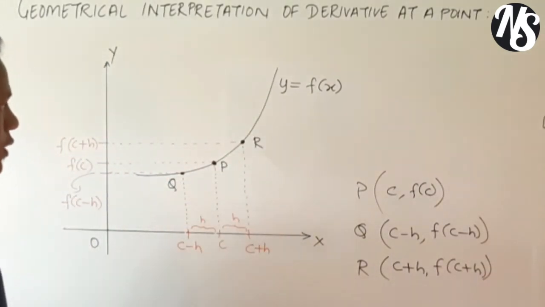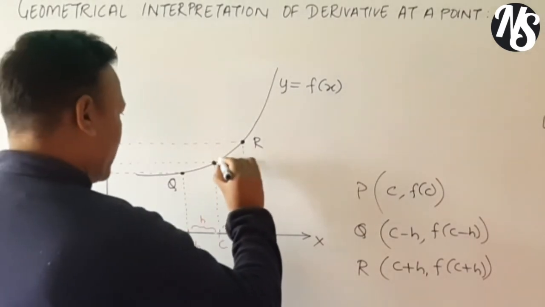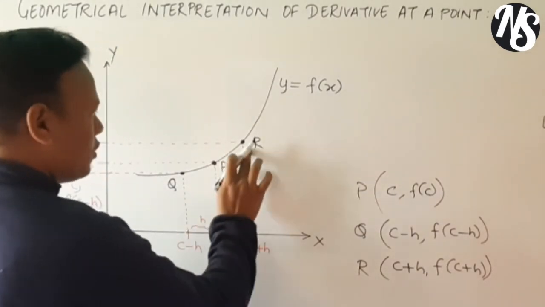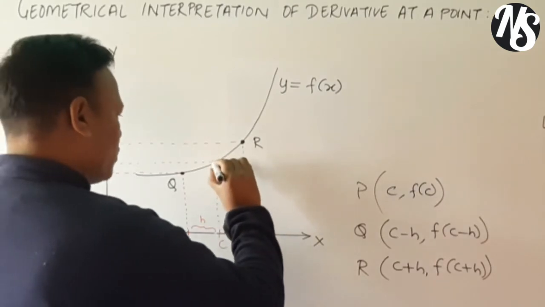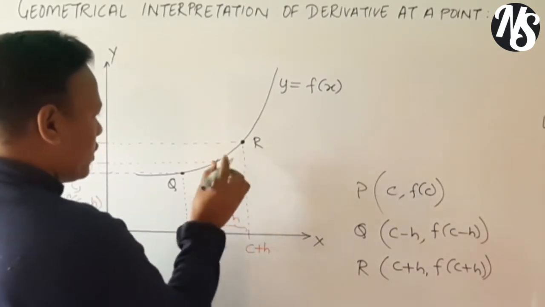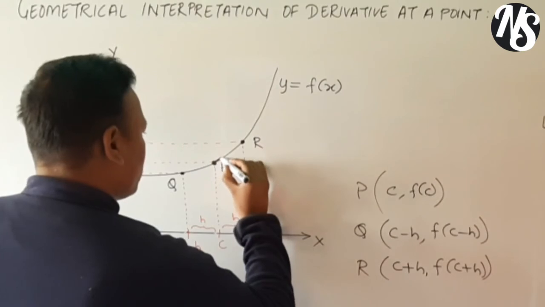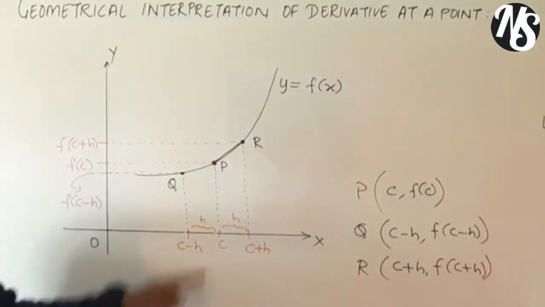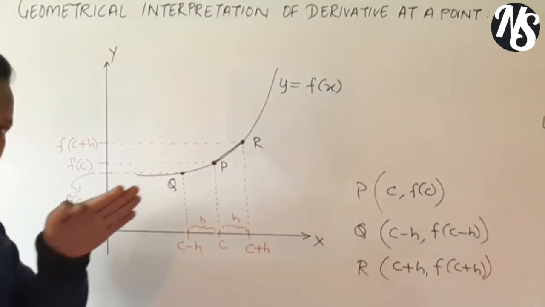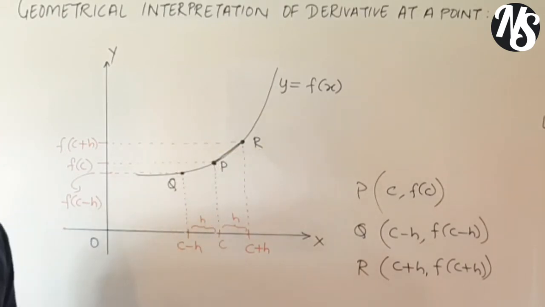Now let me join these two lines. You see that P and Q are there, so let me join this. So PQ is joined. Can you see a straight line joining P and Q? Yes.